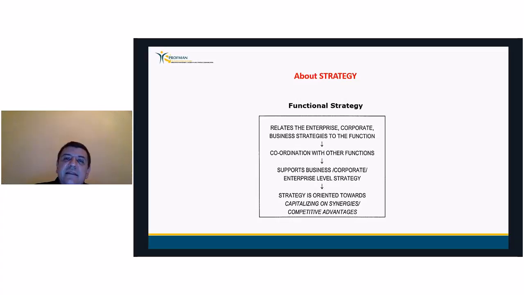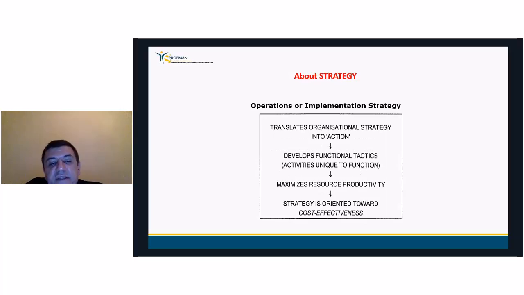And the last level of strategies is operations strategy in a business. At the operational level, strategies are translated into action. Key operating managers must establish short-term objectives and operating strategies that contribute to business and corporate level goals.